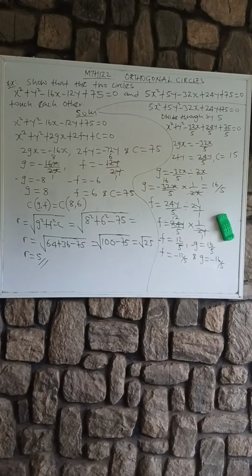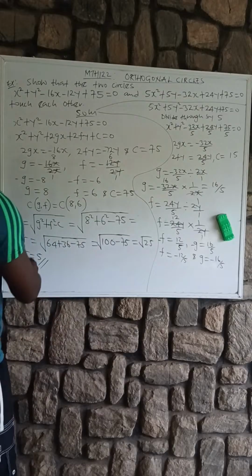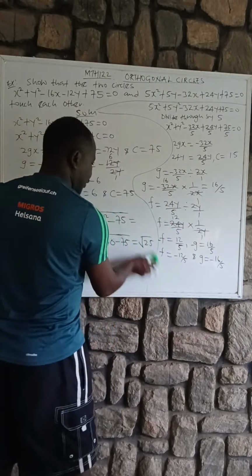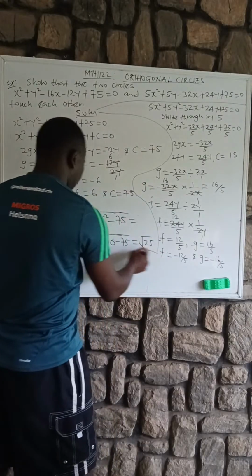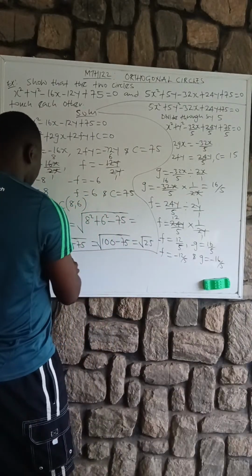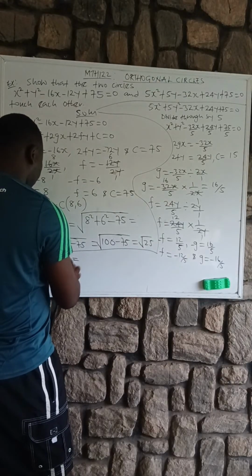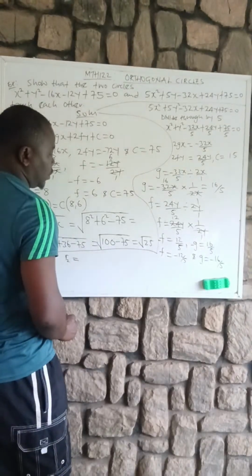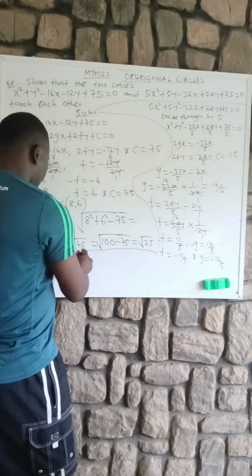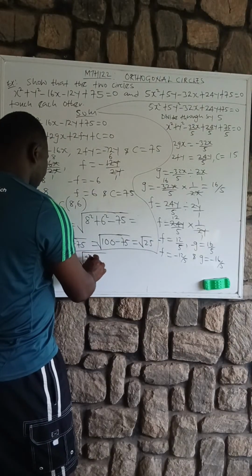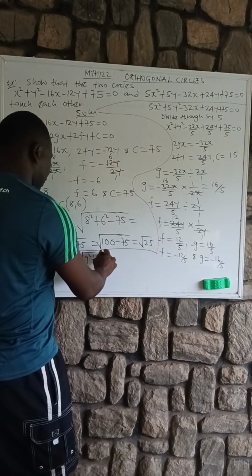So let's move further. This is the first radius, R1, right? Then here will be R2, which is equal to the square root of G squared plus F squared minus C, amen?